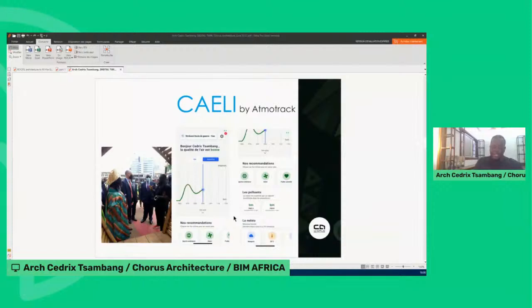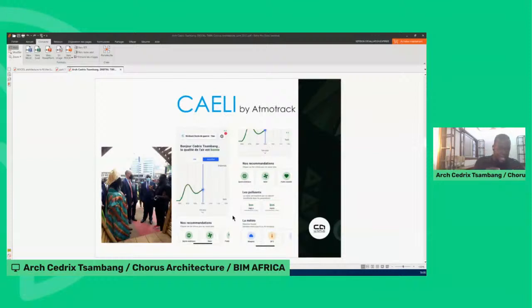So here is a simple example of how you can manage the quality of air, and we know how much the air is spoiled due to lack of public transportation. Everybody is going by his car, and by that you can easily organize sessions to explain to people that you see at this peak the quality of air is bad because there are many cars outside, or because it's the period where industries are working.